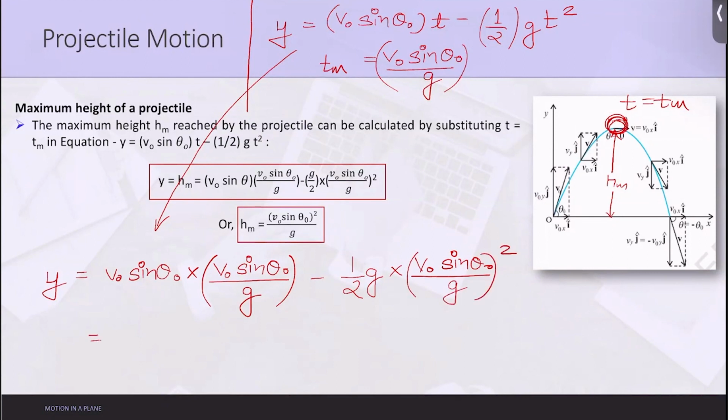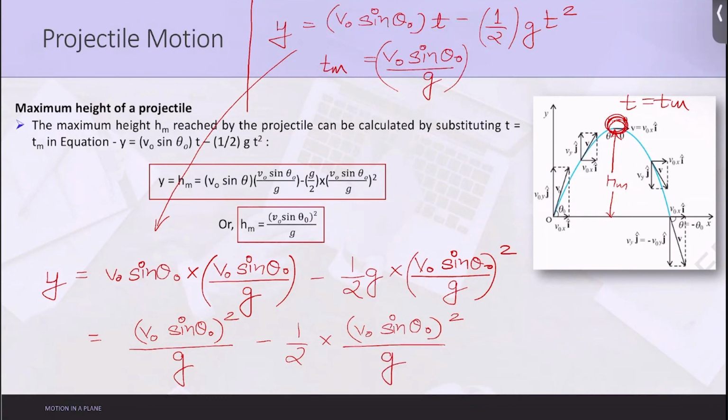This will be equal to v naught sin theta naught whole squared by g minus half of v naught sin theta naught whole squared. So g square in the denominator and in the numerator g, so one g will get cancelled.